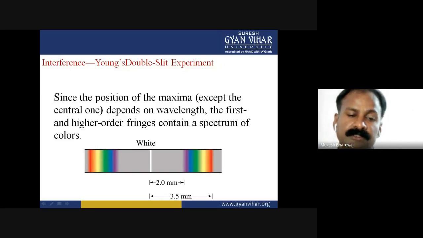The central fringe, the fringe of zero order of the interference pattern, is always white, which is shown in the figure. All the waves of different colors coming from the slits reach the center with the same phase. Thus, the bright fringes due to all colors overlap at the center and produce a fringe of white color.